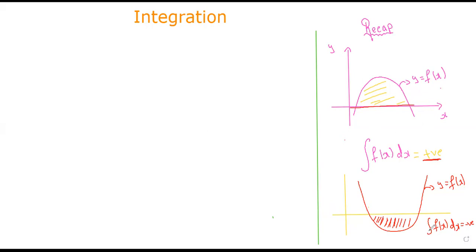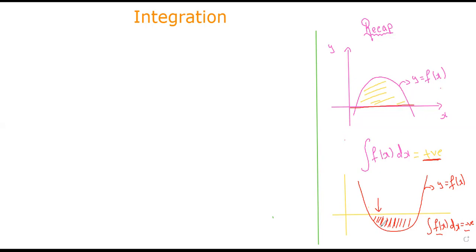You are going to integrate f of x, but you will get a negative answer. So all you need to do is remove that negative sign and write down the area as it is. You are getting a negative value because the x-axis is above the curve, right? This is the only thing I want you to understand here.